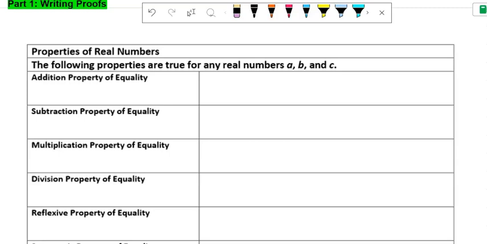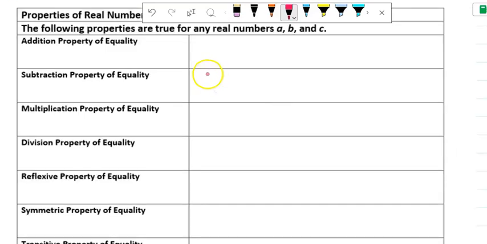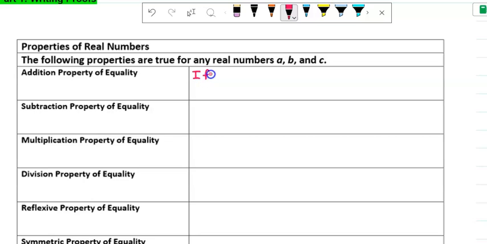So we have these addition, subtraction, multiplication, and division properties of equality. You might recognize these from Algebra 1. When you started solving equations, you might have gone over these. If not, that's okay. So the addition property of equality says that if A equals B, then A plus C equals B plus C. In other terms, this is just when you add a number to both sides of your equation.